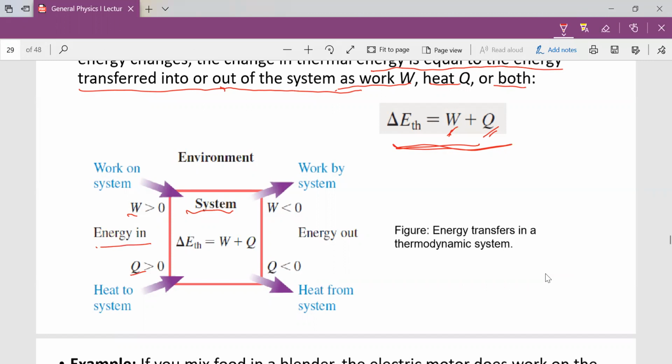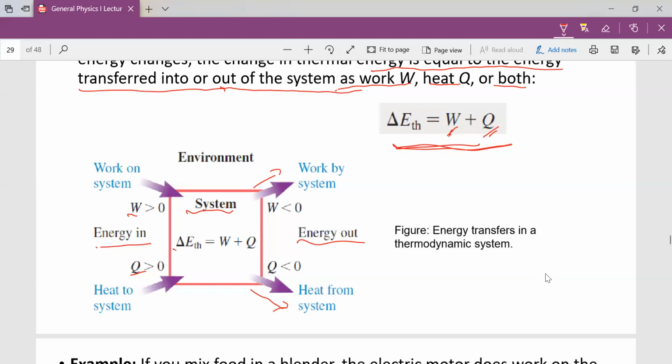And then when they are giving out to the environment, as indicated with this arrow, it is taken away from the system. So work is less than 0 and heat is less than 0. So energy is being given out, okay? This is purely what happens with a thermodynamic system and its environment, be it a cooling process or a heating process. It's simply the control of intake of energy in form of heat, then work, and giving out as well.